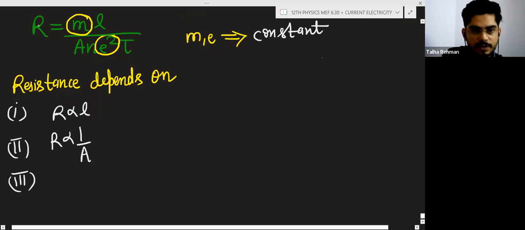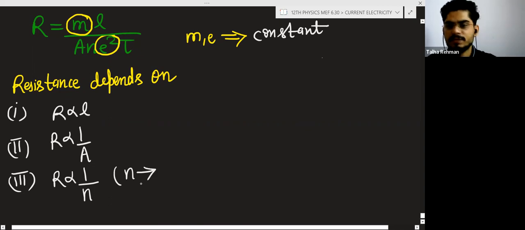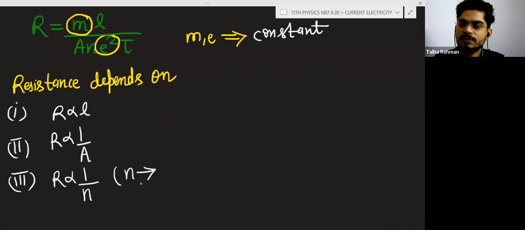And also you can see here that resistance is inversely proportional to small n. n is the number of free electrons per unit volume, and this number of free electrons per unit volume changes with respect to the material. As the material changes, the number of free electrons per unit volume changes.